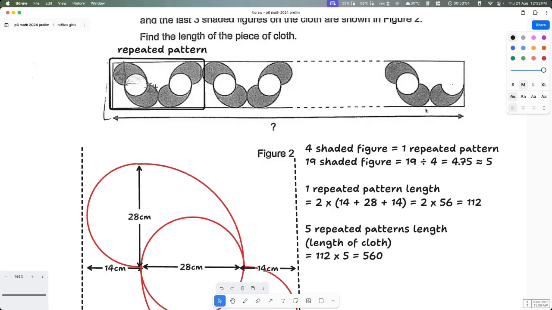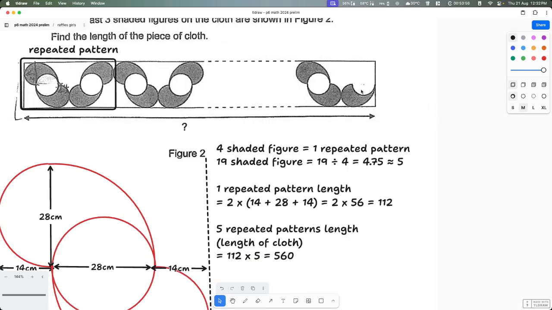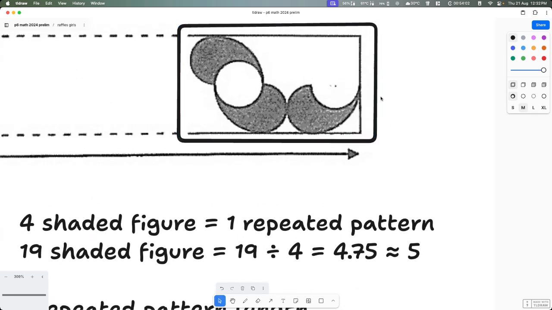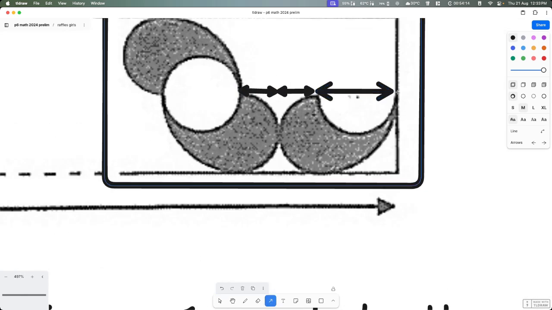But we don't end there. You see that this is not a complete repeated pattern. If you look closely, we don't have this part. So we have this length, then this is 24, this is 14. So we don't have the other 14.